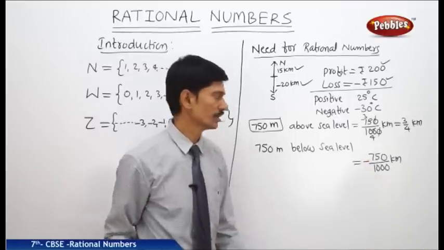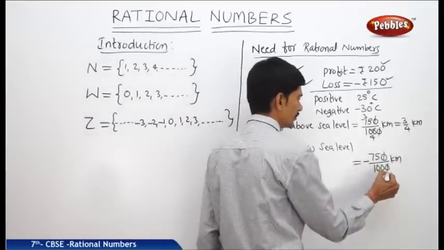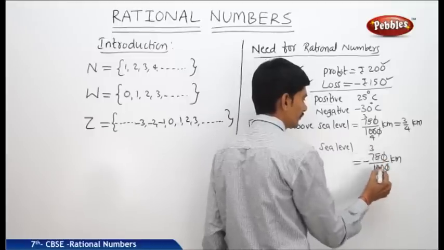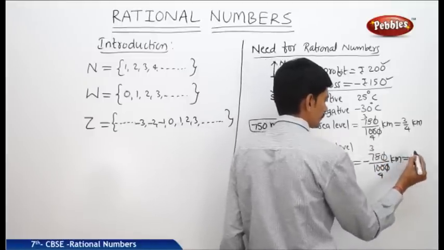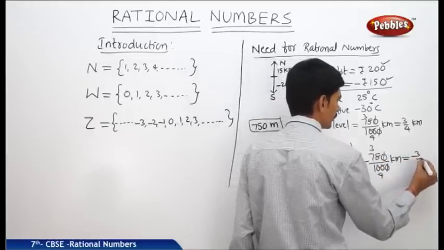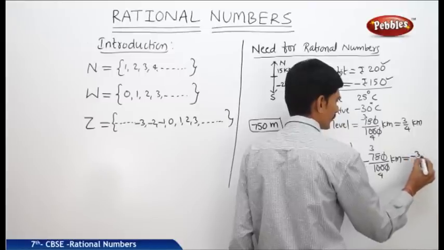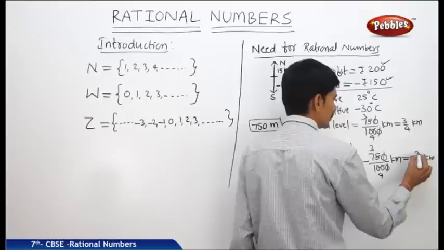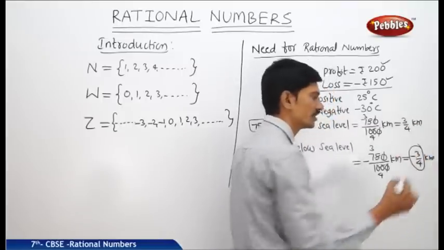Here also we can cancel the zeros, 25 3s are 75, 25 4s are 100. Now this equals minus 3/4 kilometers.